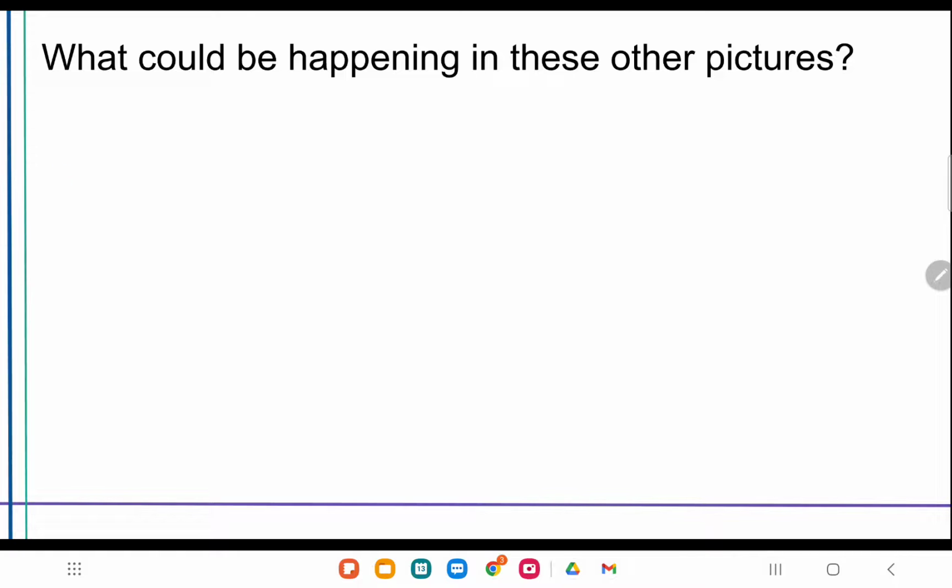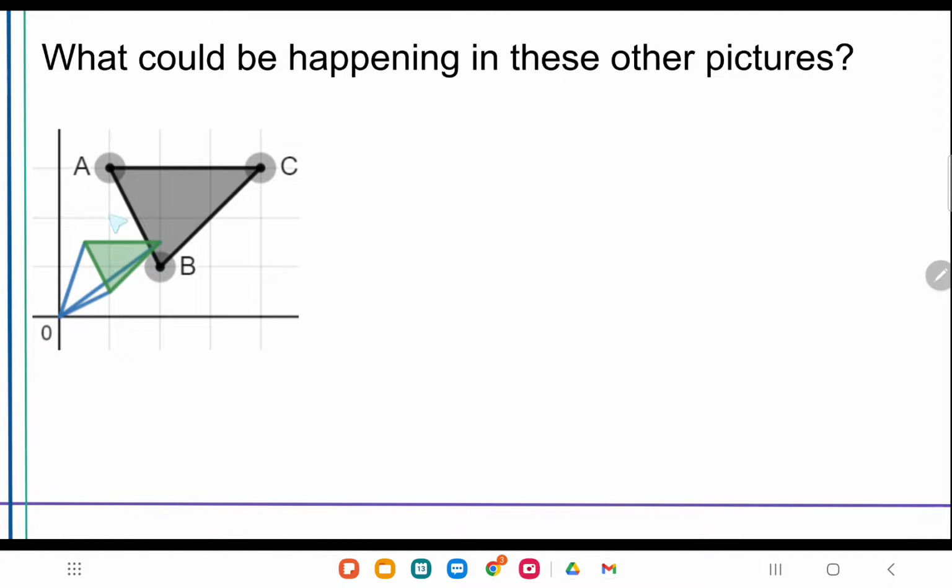So let's look at what's happening in these other pictures. Here, triangle ABC, our pre-image, looks like it's gotten smaller. In this case, we have a scale factor that is between 0 and 1. If we look at this, I can compare my vector drawn to the pre-image from the center of dilation at the origin. And that looks like it's at 1, 0.5.